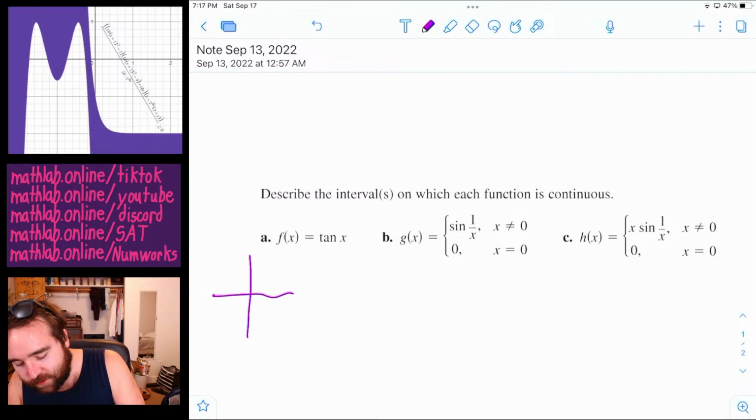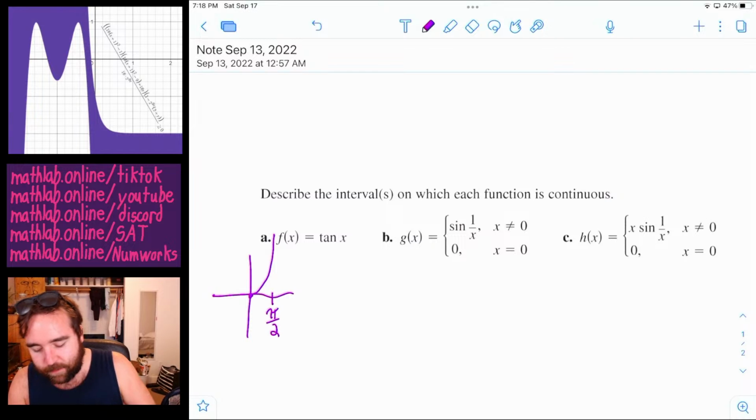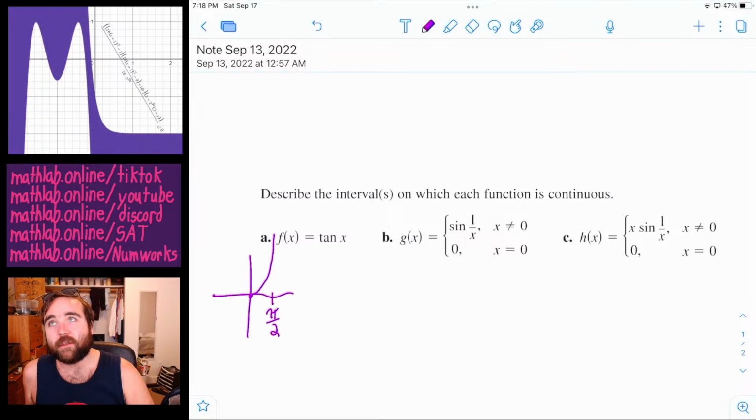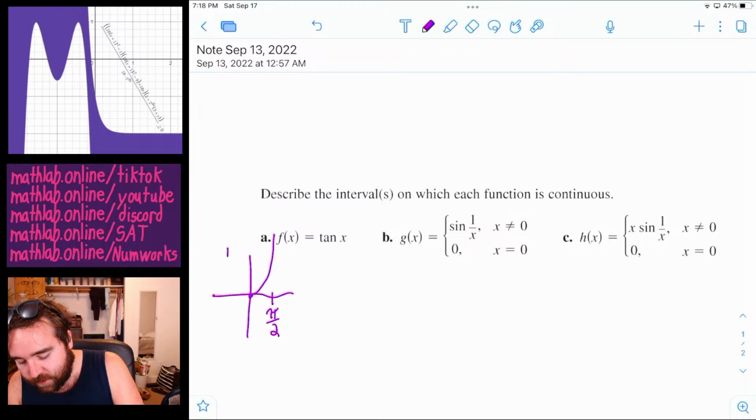But so the tangent of 0 is 0. But then we know it comes up with an asymptote and it's undefined at pi over 2. Right? Because the tangent of pi over 2 is the sine of pi over 2 over the cosine of pi over 2, and the cosine of pi over 2 is 0. So that's undefined there. And for the same reason, we have another asymptote here at negative pi over 2.